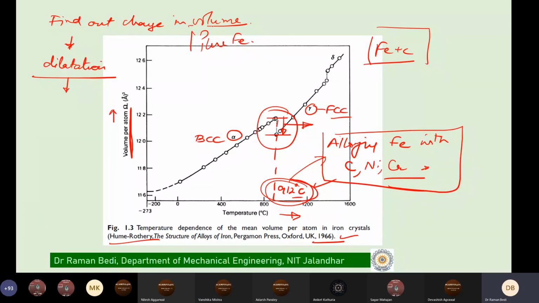So if you are able to find out, during the heating of pure iron or an alloy of iron and carbon, that particular temperature or range of temperature during which this abrupt change in volume of iron or iron plus carbon is observed, you can say that that is the temperature at which this BCC to FCC transformation is happening.